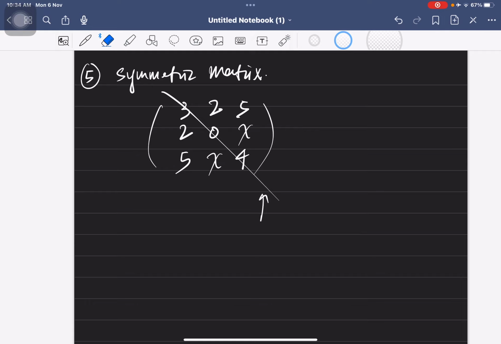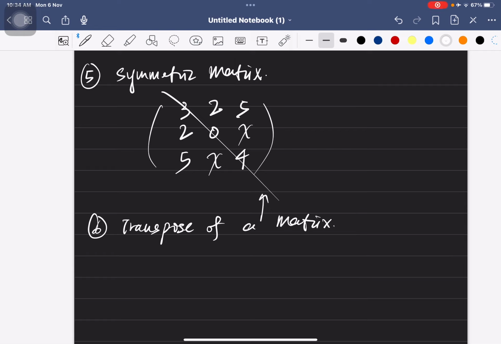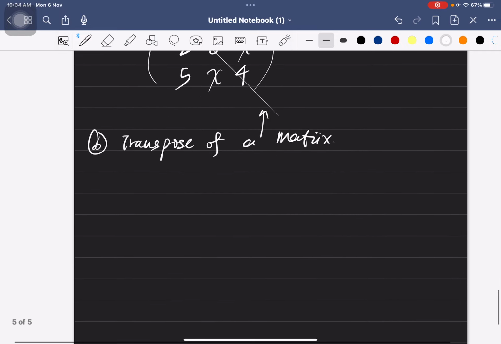Okay, and the last one: transpose of a matrix. Transpose of a matrix is very simple. I'll write it in a general way.